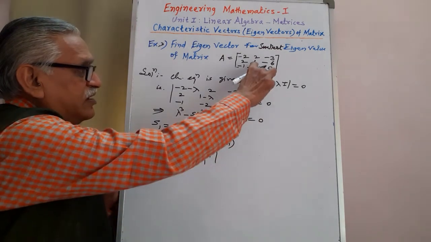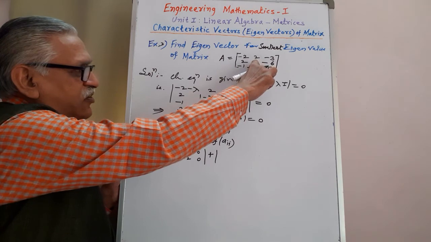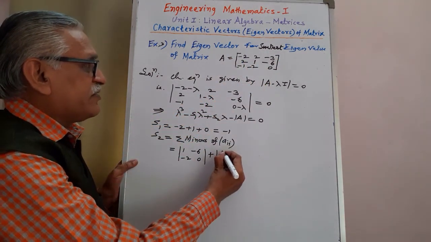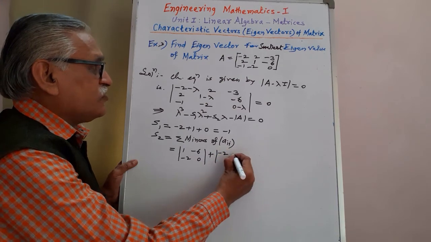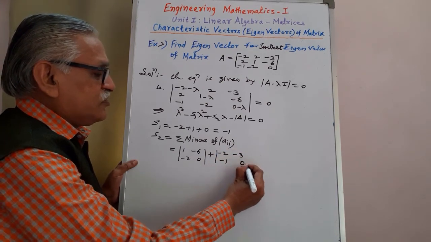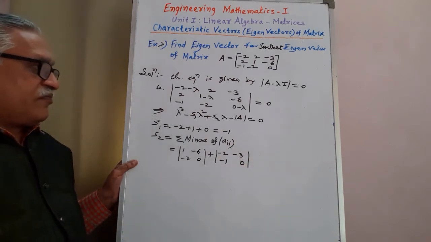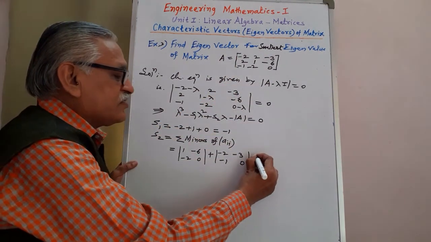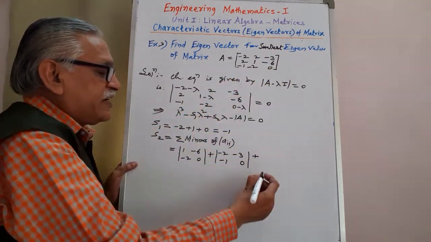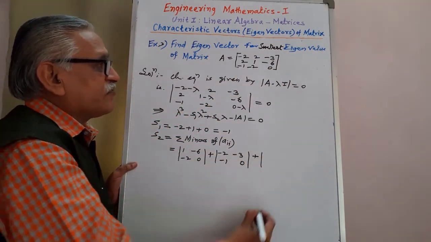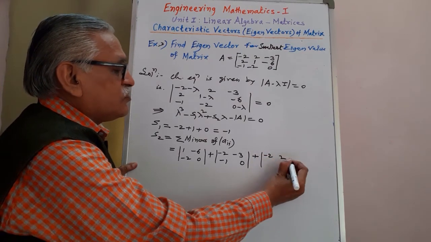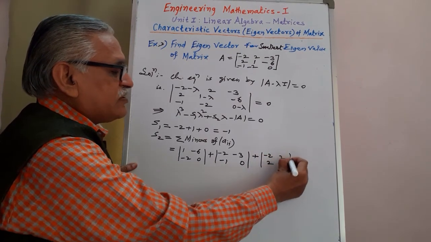The minor for the second diagonal element, neglecting its row and column, is the determinant of minus 2, minus 3, minus 1, 0. And the minor for the last diagonal element, neglecting the row and the column containing it, is minus 2, 2, 2, 1.